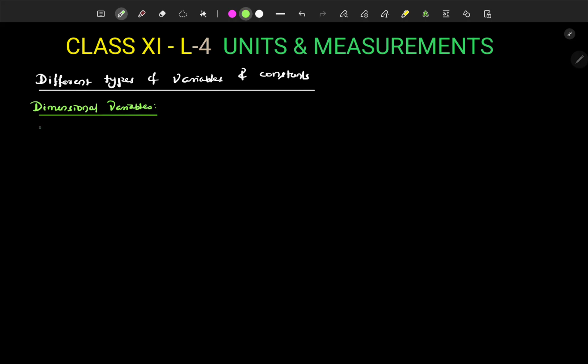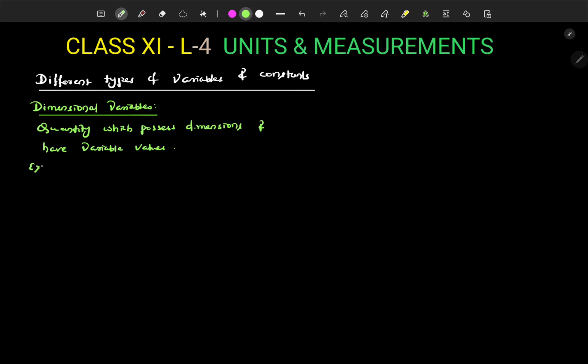That means quantities which possess dimensions and have variable values. These are called dimensional variables.